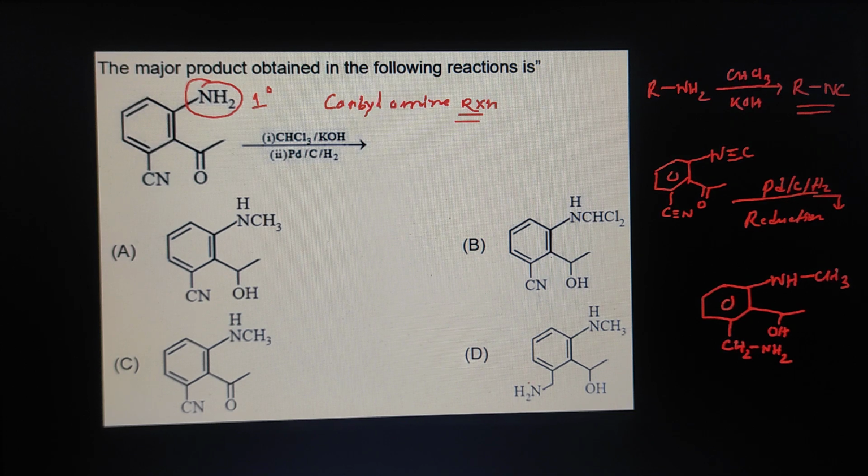So according to this, the correct answer will be option D. Option D will be the correct answer, because here NHCH3 is formed, CHOH is formed, and CN is converted to CH2NH2. Okay, the right answer will be D.